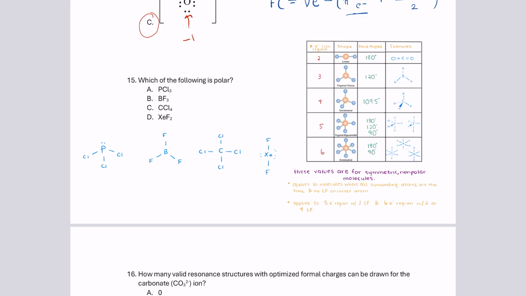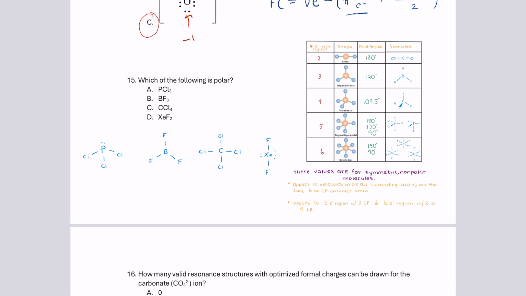Anything outside of what these rules cover is going to be a polar molecule in this class. So the first trend for nonpolar molecules is when the central atom has no lone pairs and it's all bonded atoms that are identical. This is the simplest way for a molecule to be symmetrical and nonpolar.